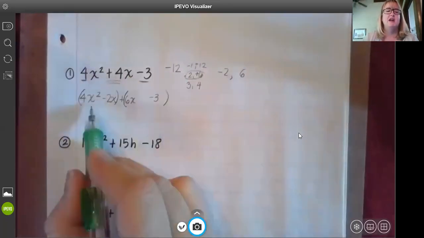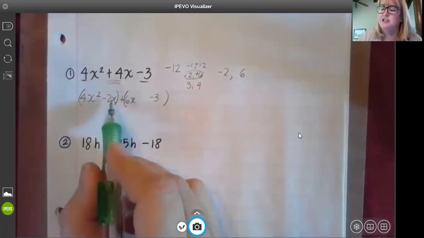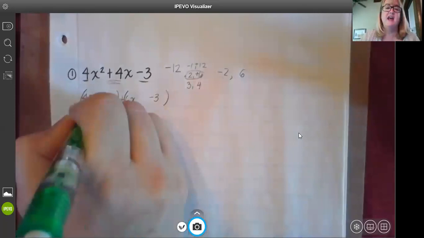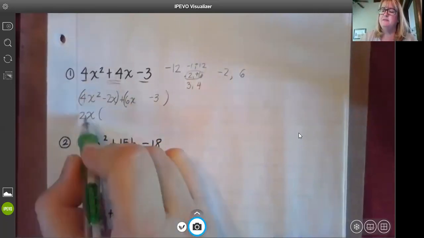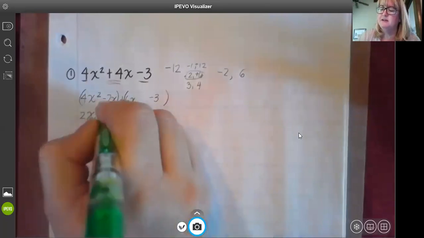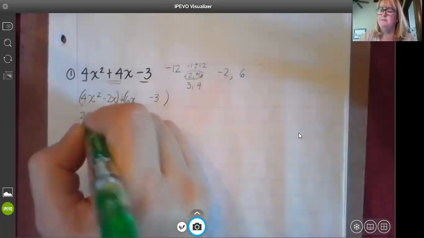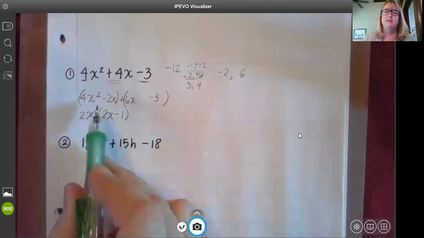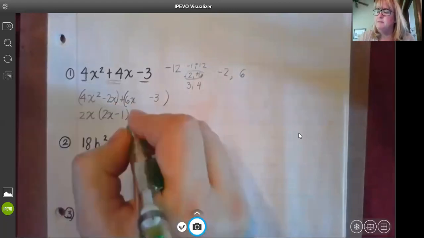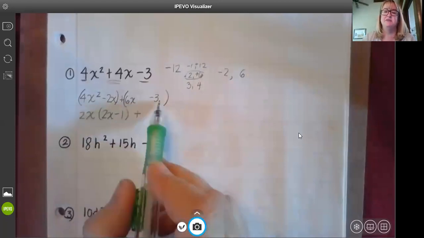So what can I factor out of 4x squared minus 2x? Well, you can factor a 2, and you can factor an x. And if I do that, 4x squared divided by 2x would be 2x, minus 2x divided by 2x is 1. So do you remember doing that last week? Now it is coming full circle. All right, plus, what can we factor out of 6x minus 3?